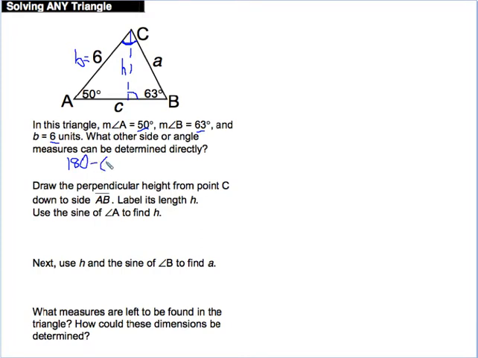So if we do 180 minus 50 degrees plus 63, notice I'm adding these two together before I subtract it from 180. When I do that, I find the third angle, and I find that that third angle is equal to 67 degrees. Okay?